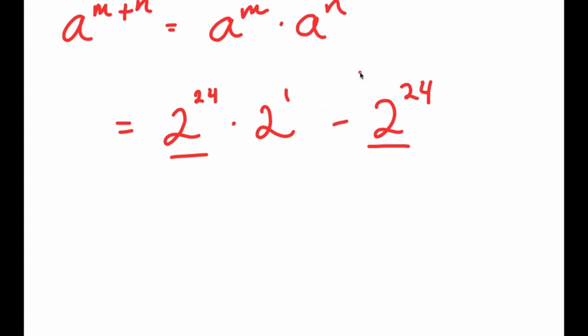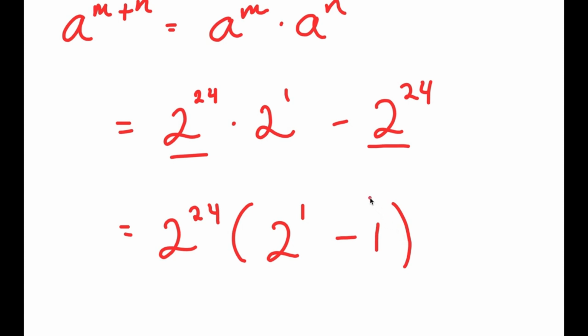So, I get 2 to the power of 24 times 2 to the power of 1 divided by 2 to the power of 24 is just 2 to the power of 1. And negative 2 to the power of 24 divided by 2 to the power of 24 is just negative 1.